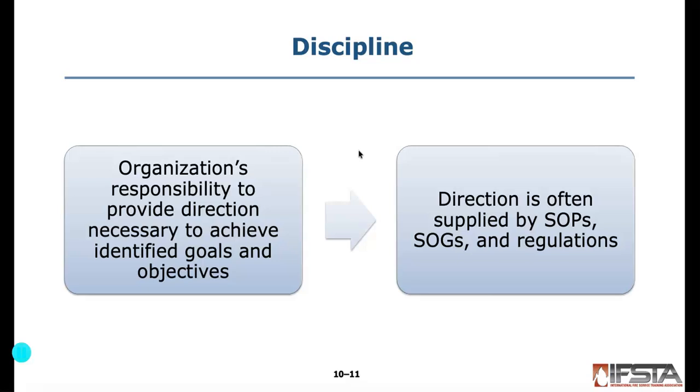Discipline. It's an organization's responsibility to provide direction necessary to achieve identified goals and objectives. And how is our direction given? Our direction is given through standard operating procedures, standard operating guidelines, directives, and regulations.